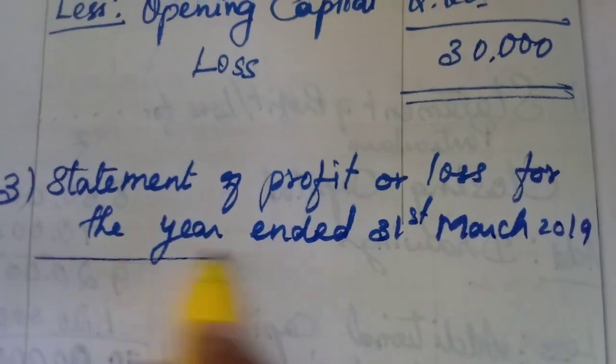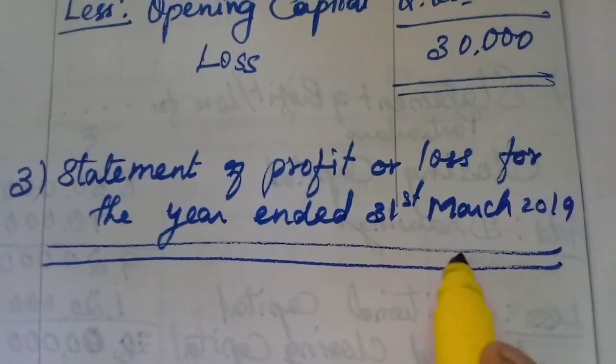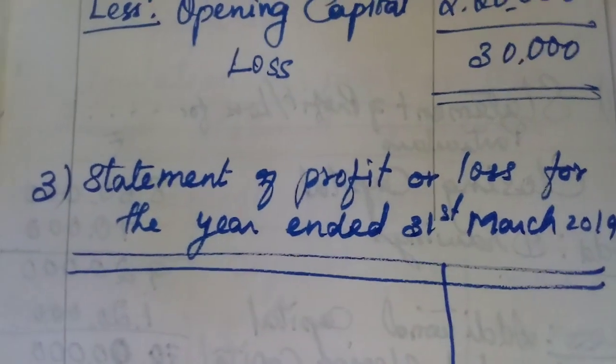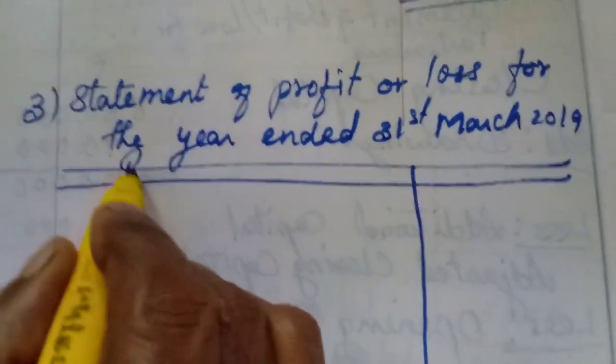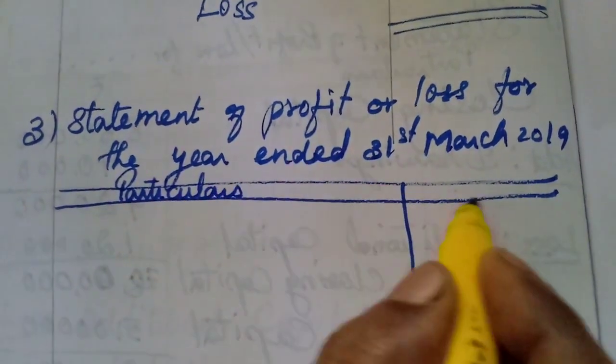You have to draw a line, then the amount column you have to draw. Write the particulars, rupees simply.